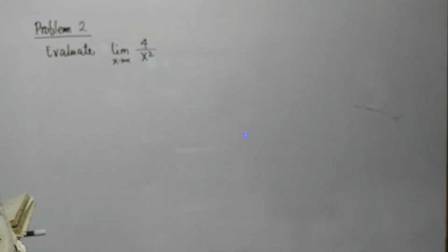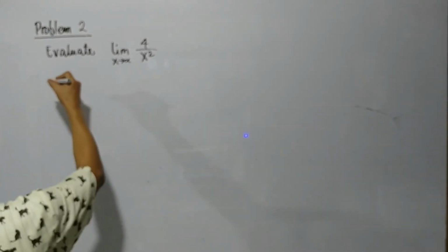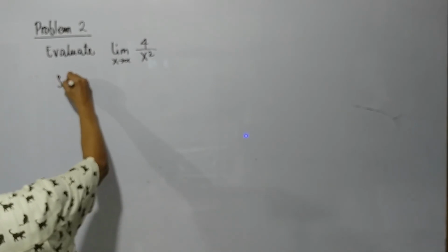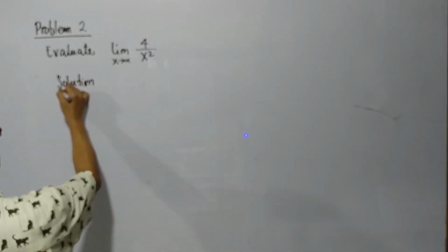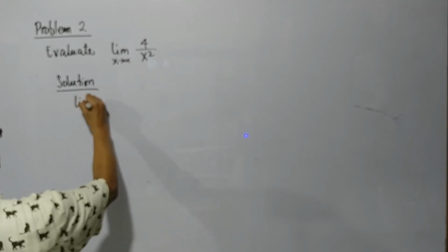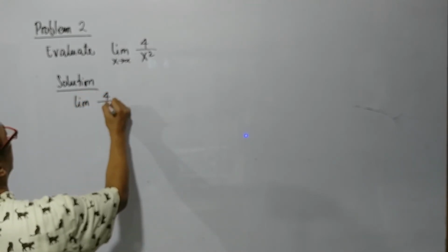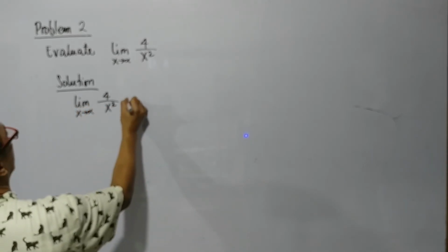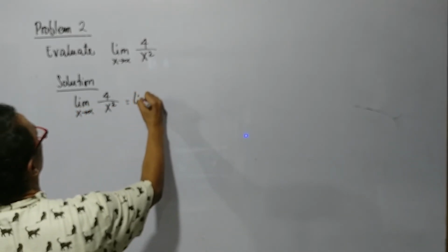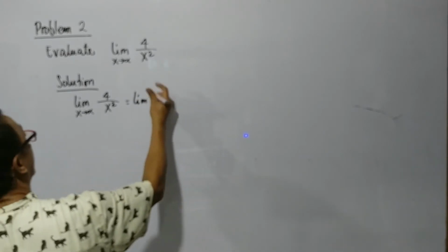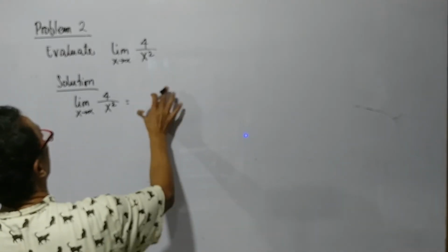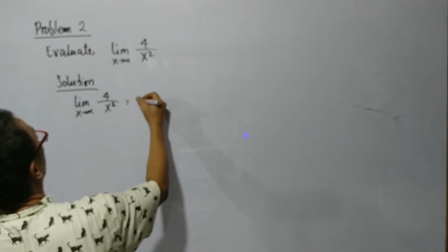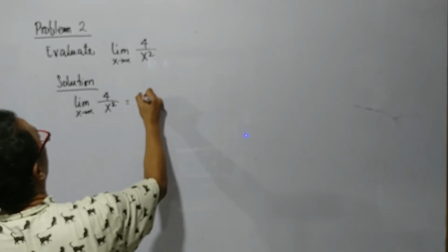Evaluate the limit of 4 over x squared as x approaches infinity. So to solve it, we can bring to the other side the whole number.